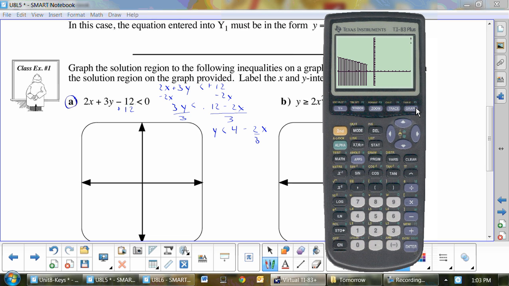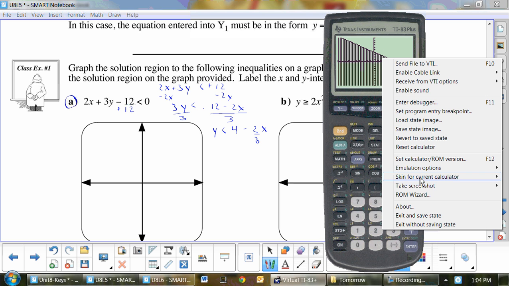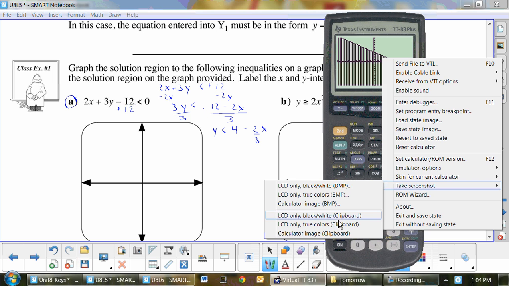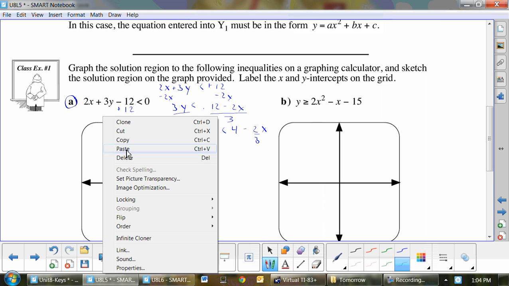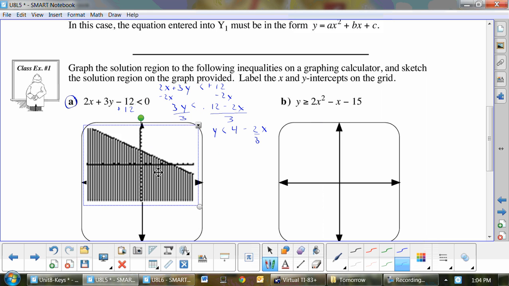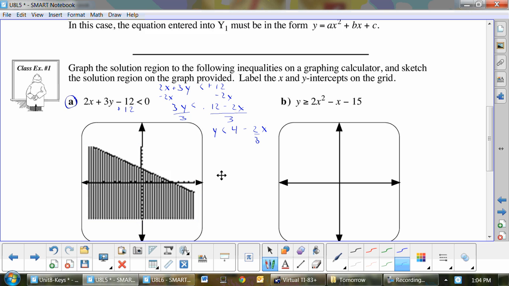And we graph it to get something like that. We know that we would get something that looks like that.